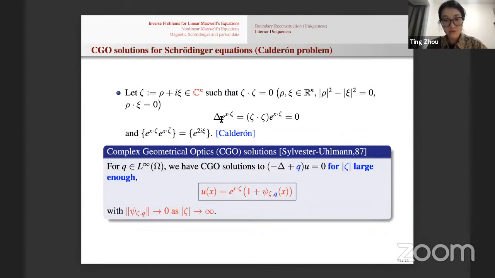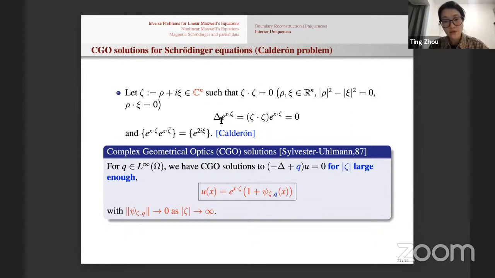If you recall, for the conductivity equation, you first reduce it to a Schrodinger equation, minus Laplacian plus Q, where Q has derivatives of the conductivity function gamma.